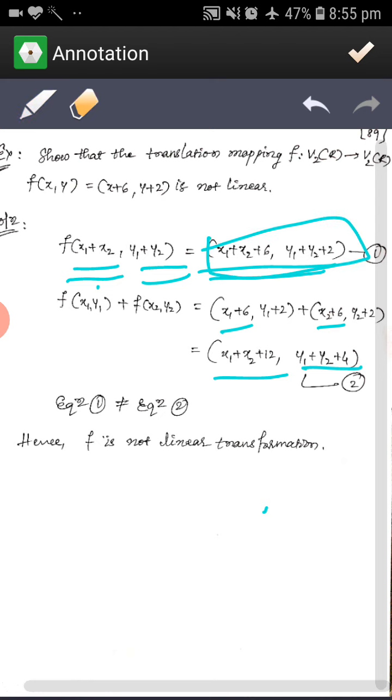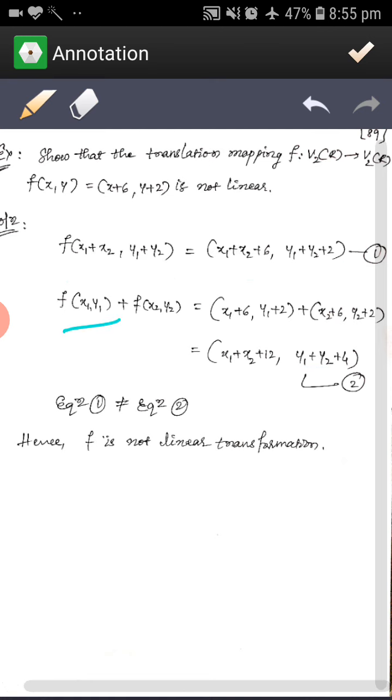But if you take individually f of x1 comma y1 plus f of x2 comma y2, then the equation will come like x1 plus x2 plus 12 and y1 plus y2 plus 4. So equation 1 and equation 2 are not the same. Because of that, we say that f is not a linear transformation.